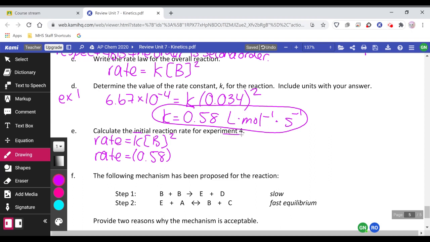I'm sorry, I should have read ahead. We're just filling in the blank area in our data chart on experiment 4. So we're going to use the information from experiment 4 for concentration of B. And so that would be 0.233 molar, and we squared that. And so when we enter that in our calculator, we should get 0.031 moles, liters, seconds.